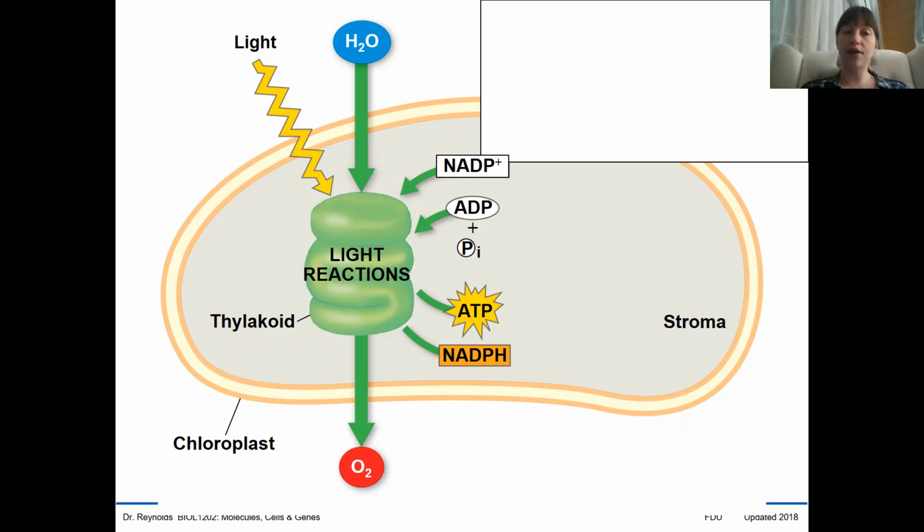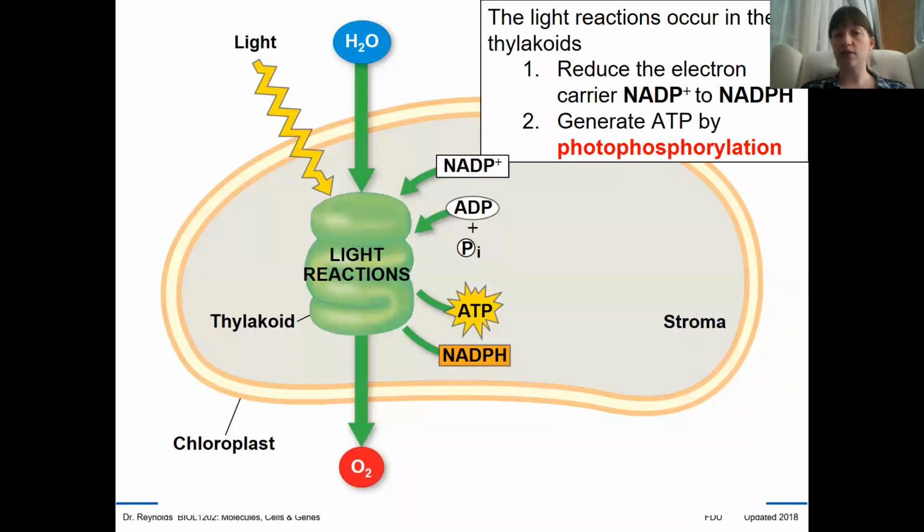So the energy from light and the electrons from water are used to reduce molecules of ATP and NADPH. The byproduct which is produced is oxygen, and it's a waste product for the plant. So these light reactions reduce NADP+ to NADPH and generate ATP by a process known as photophosphorylation.